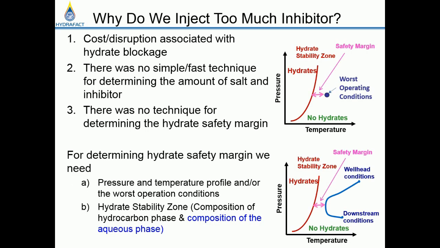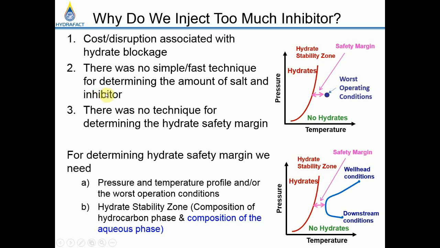Now, why do we inject too much inhibitor? In general, the cost and disruption associated with hydrate blockage is huge, and there is no simple, fast technique for determining the amount of salt and inhibitor.